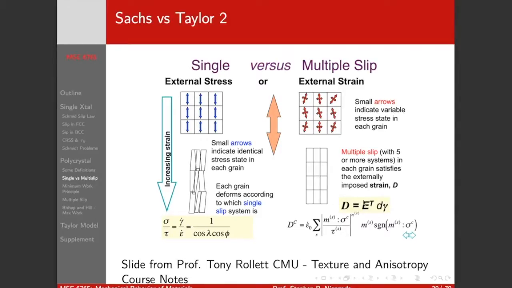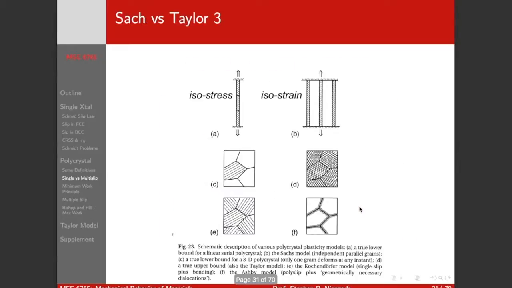So we have multiple slip, and we end up using that power law type formulation that we used before. Okay, so this just shows some schematic differences. In the iso-stress state, all the grains see the same stress.